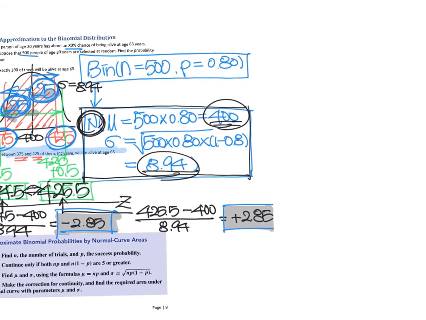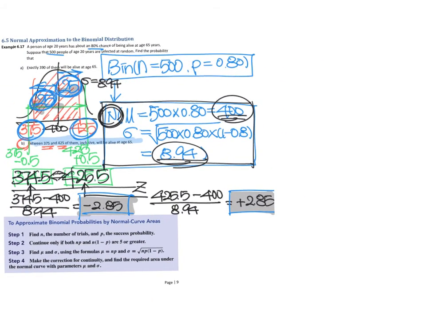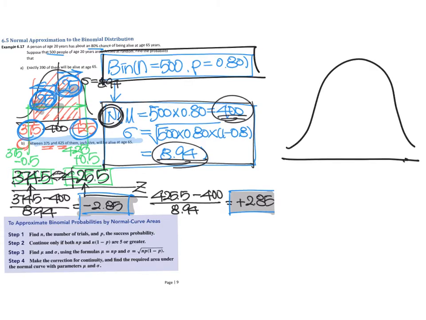So let me summarize again. Right, so now we have a normal distribution. At the beginning, even though we had the binomial distribution, approximately now we have a normal distribution.